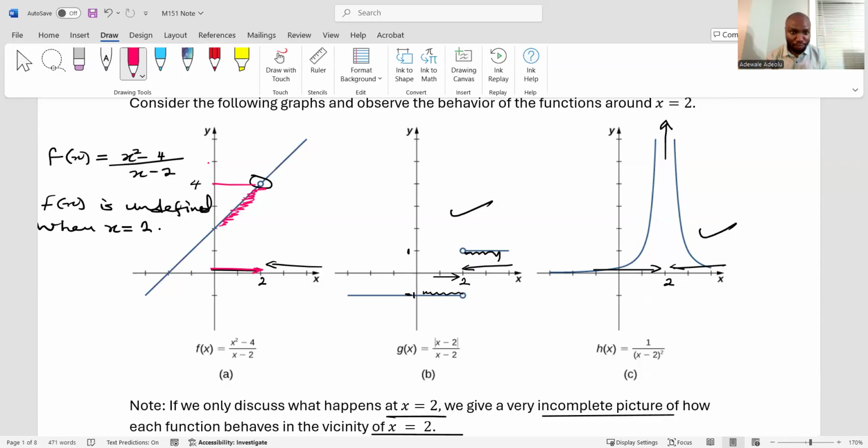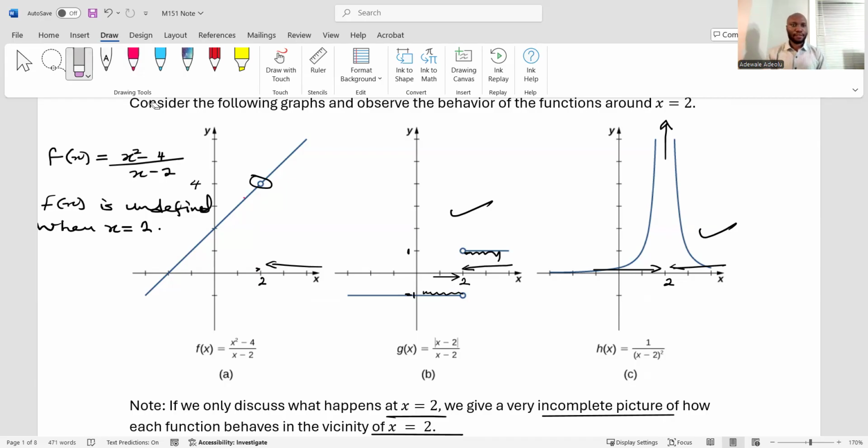For example, if we consider this point, it is about 3 point something, not up to 4. It's about 3.9 something or 3.8 something, not up to 4. So we keep going, but we can see that it is getting close to something, which is 4 in that case.